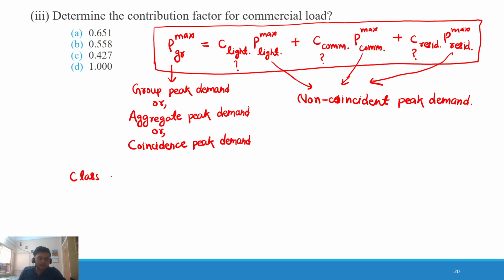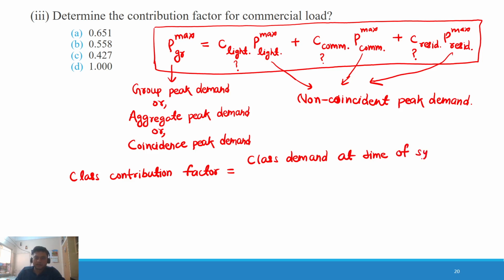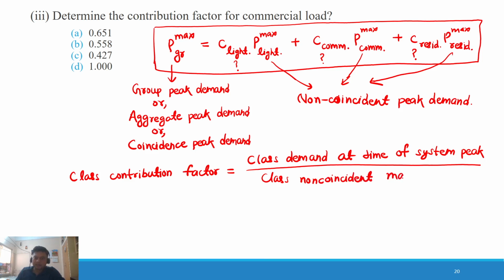That is the class contribution factor, which is the ratio of class demand at time of system peak to the class non-coincident maximum demand or peak demand.